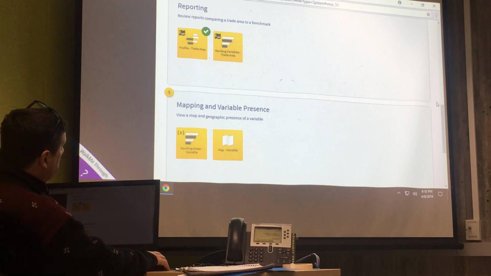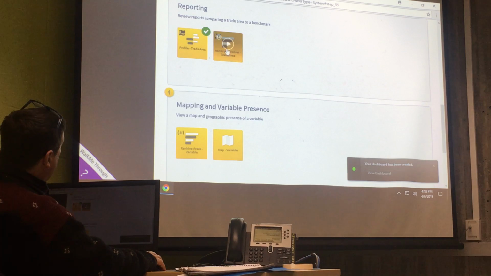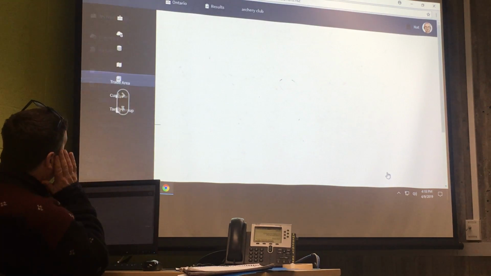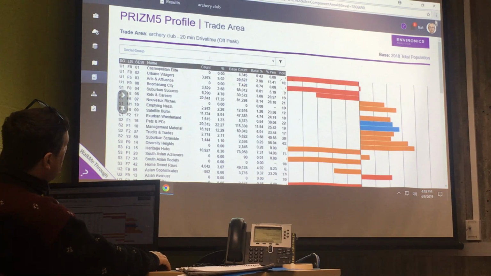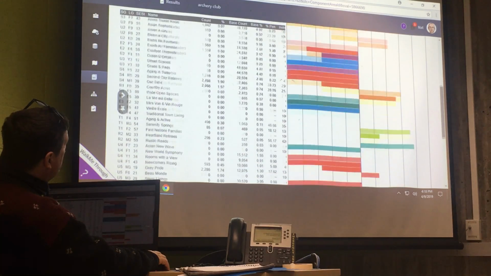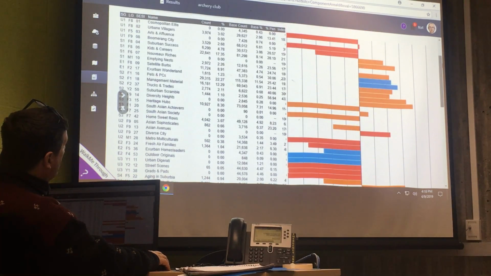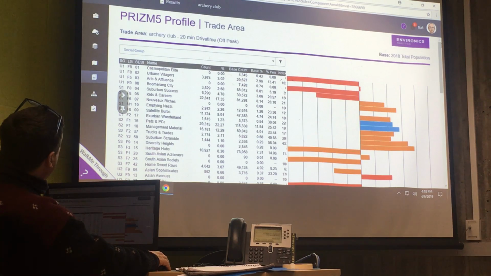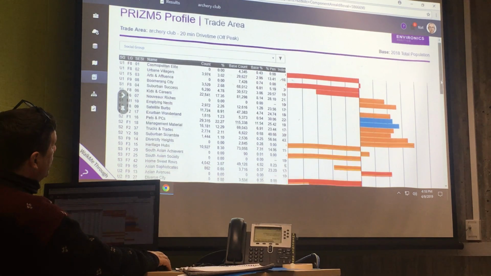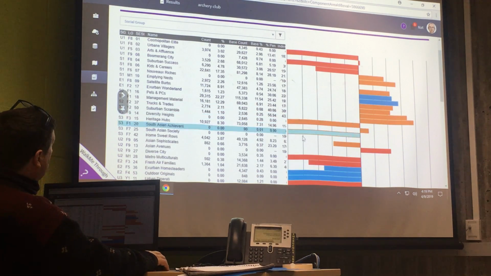Okay. And okay, take a look at our dashboard, and this is what your dashboard looks like. And so what this tells you is, in comparison to the rest of the city, the archery club, these are the kinds of people that live in your archery club.